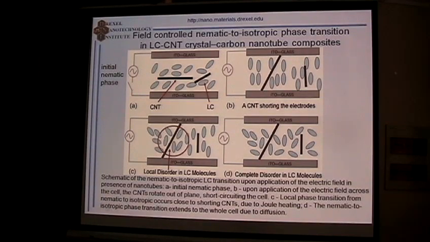We added carbon nanotubes, straight multiwall tubes, to liquid crystals, showing that when you rotate them by an applied field perpendicular to the sandwich here, carbon nanotubes can short circuit the electrodes, leading to the nematic to isotropic transition in the liquid crystal. And for this, you need to select just conducting carbon nanotubes with conductivity above a certain limit and length which is longer than 10 microns. This was the distance between the electrodes.